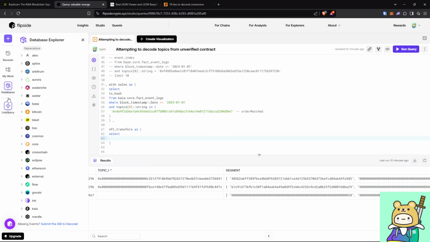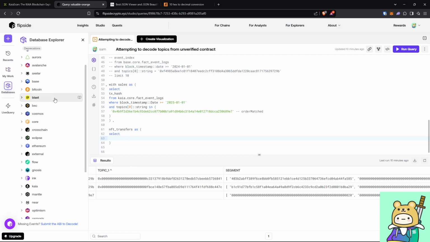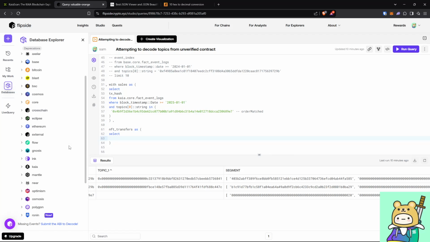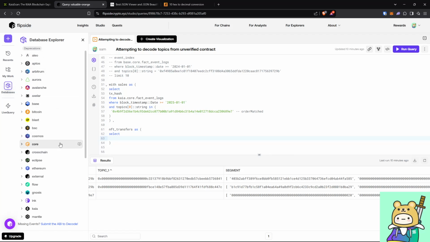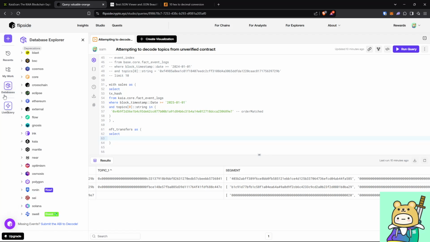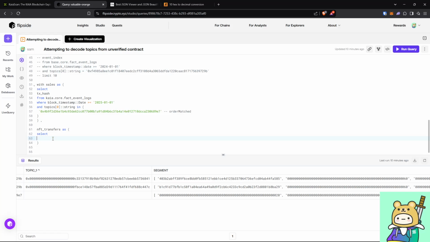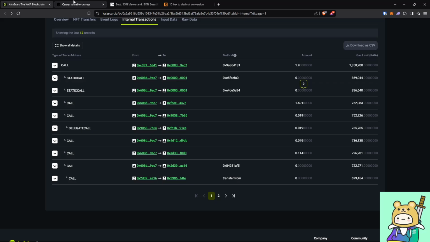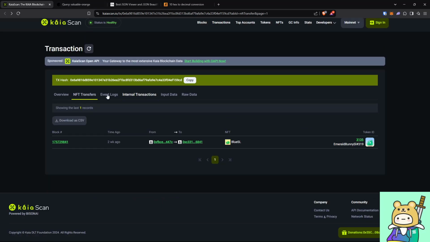Oh damn, I might not have an NFT transfers table in Kaya. Oops. Oopsie. Yep, I do not. That's a hassle. Let's see. How can we hack this?